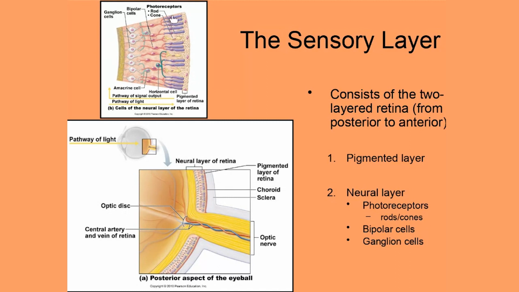When rods and cones generate these action potentials, that's going to send a signal to this next neuron in the pathway, which is known as a bipolar cell, which sends a signal to this most anterior cell in the pathway, which is known as a ganglion cell.